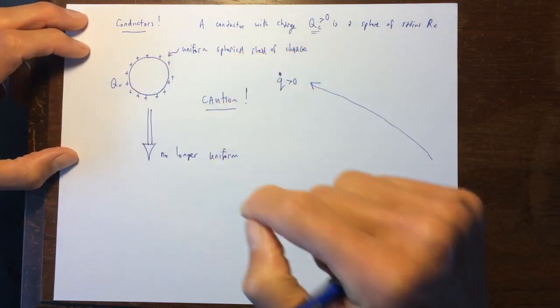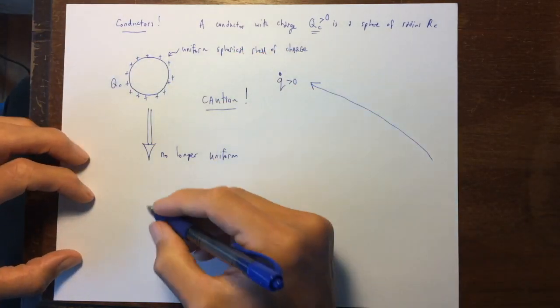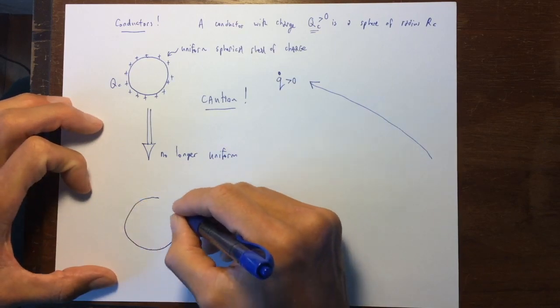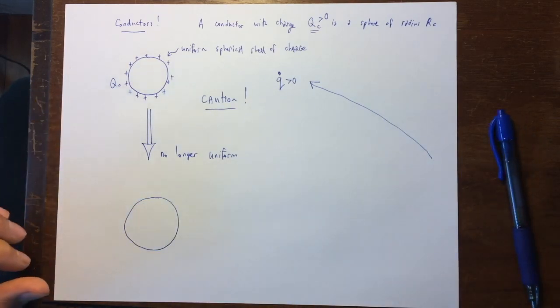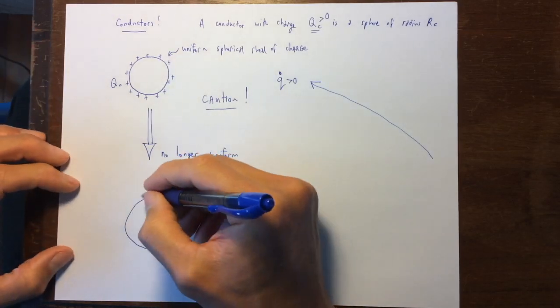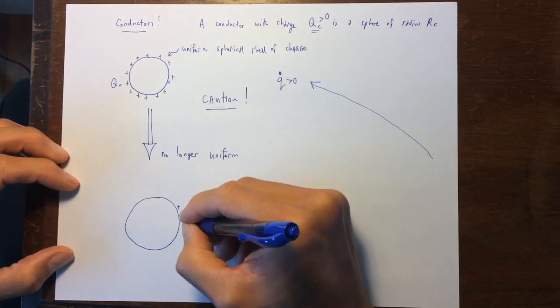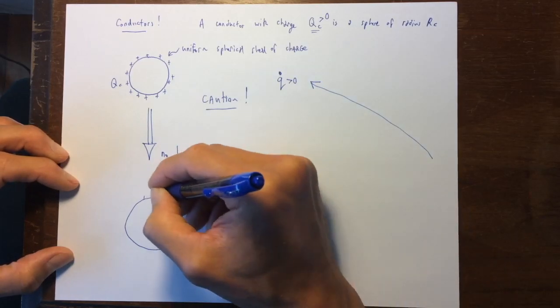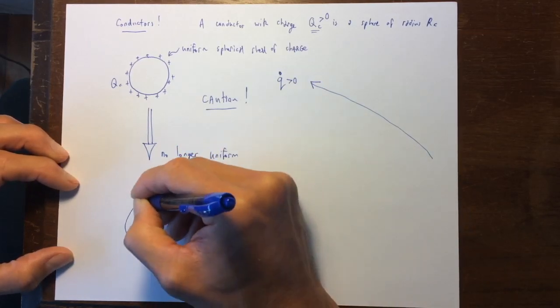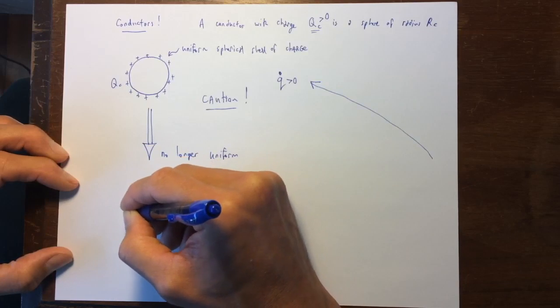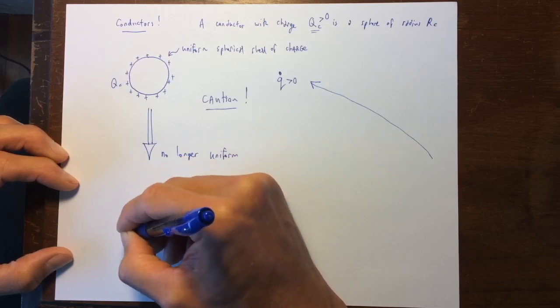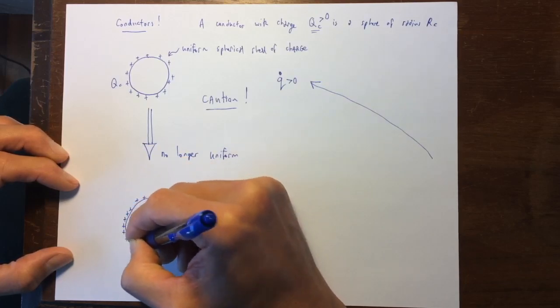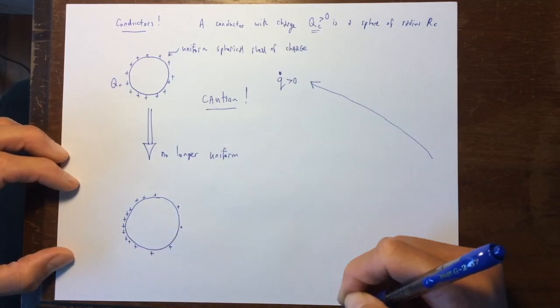In fact, it polarizes partially. So instead, this spherical conductor is going to be something more like the following. It's going to be slightly less positive on the nearby side and more positive, or a higher density of positive, so I'm trying to draw them all closer to each other, on that side.